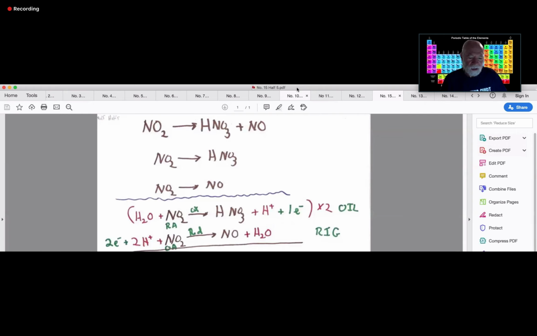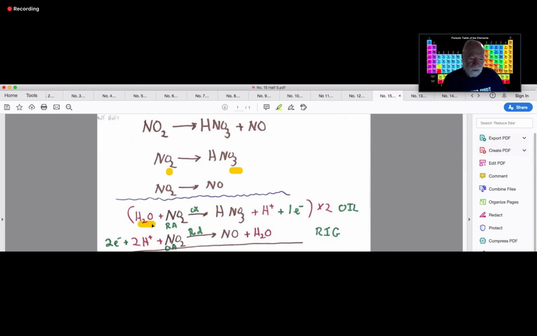Okay, so the top one, the nitrogens balance. How about the oxygen balance? We had 3 oxygens on the right. We need one more oxygen on the left, so that's a job for water.